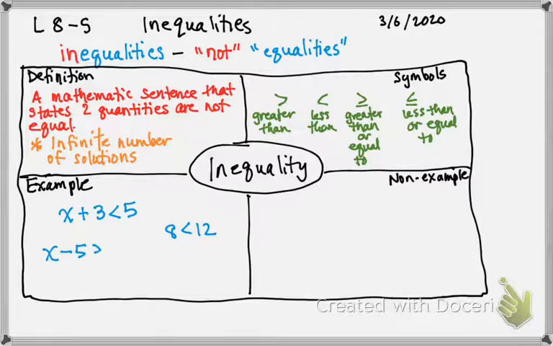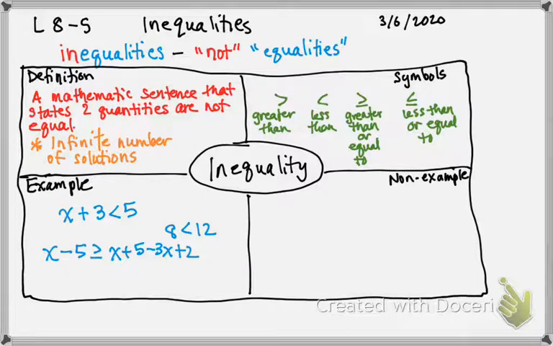X minus 5 is less than or equal to x plus 5 minus 3x plus 2. So there's some sort of inequality symbol. Now, in the case of the top one and the bottom one, we can get x on the left and the constant on the right of the inequality symbol, and then that's something that we can interpret.